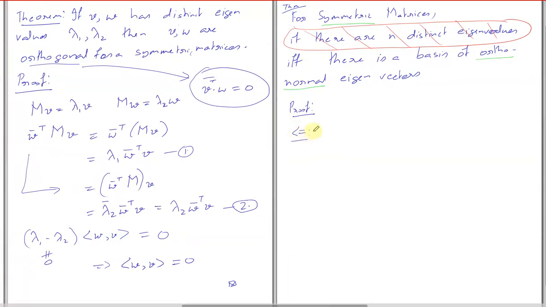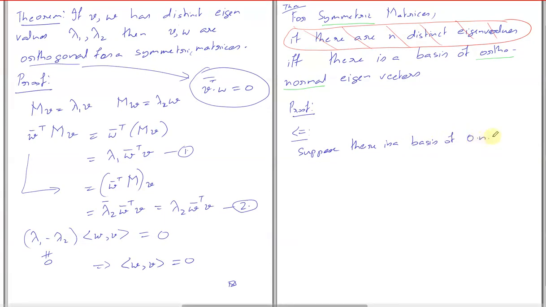How do you prove it? No ideas? The reverse direction should be very easy. So suppose there is a basis of orthonormal eigenvectors.